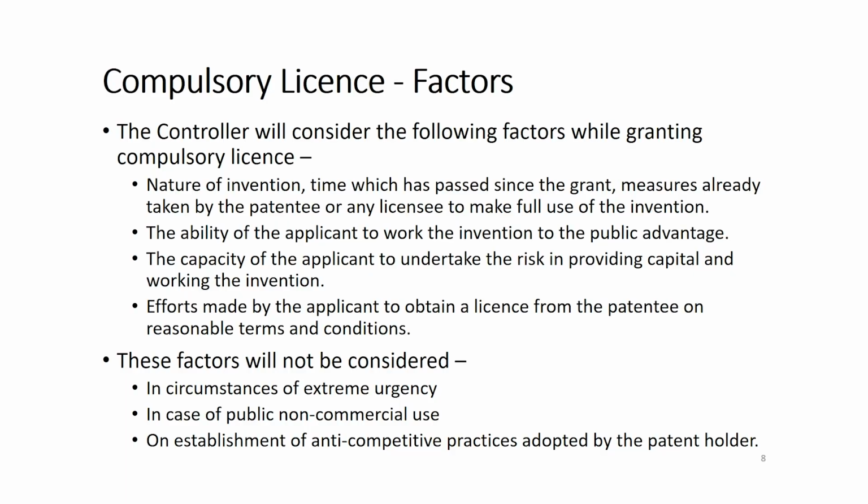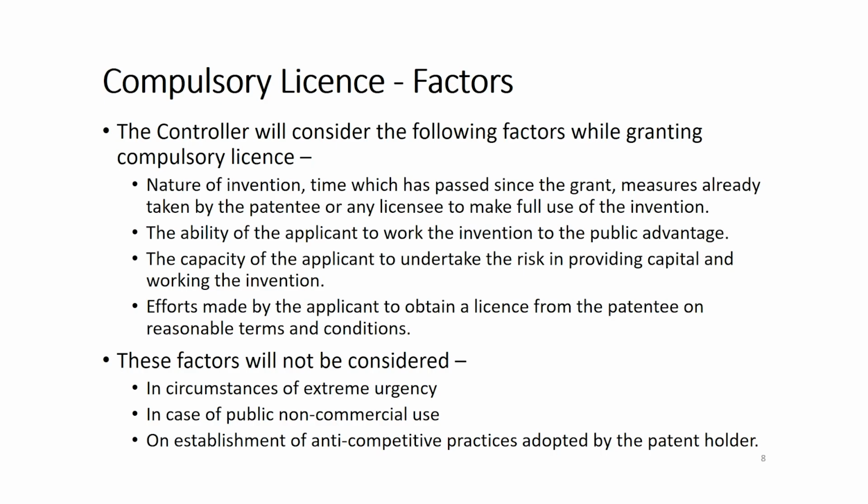So it is not that working always means it must be manufactured in India. Working will also include working by importing the patented product into India. So the 3 grounds which I mentioned are: the reasonable requirements are not met, the patented product is not available at a reasonably affordable price, and the third is that the patent is not worked in India.